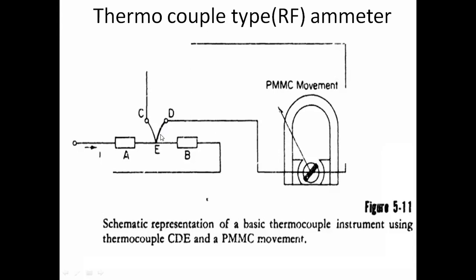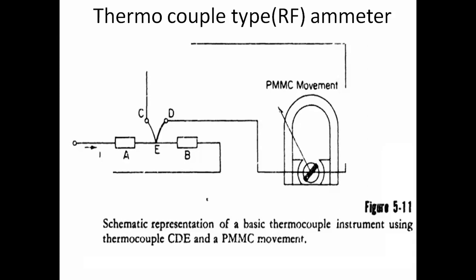A thermocouple is basically two dissimilar metals joined together. When two dissimilar metals are joined, we form two junctions, junction 1 and junction 2.